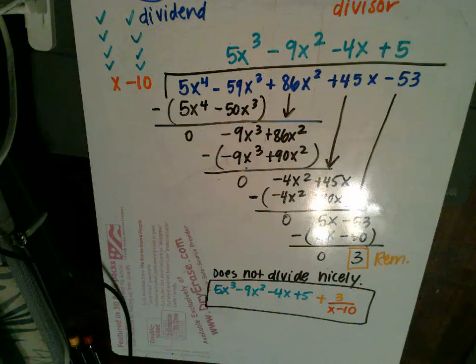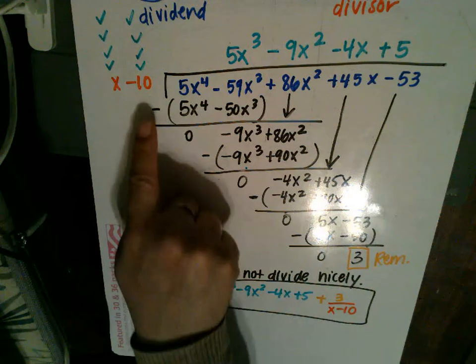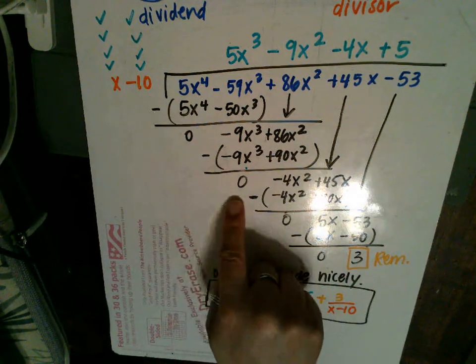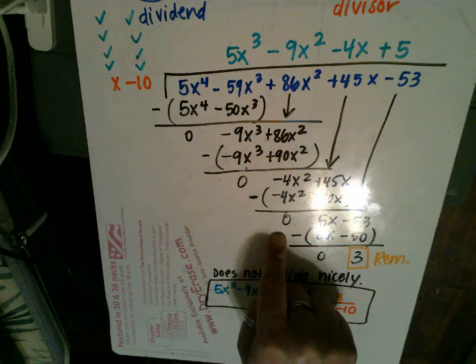Cool. So now let's talk about synthetic division, which is the faster way to do this same process. Someone developed it because this process is a little bit long, especially with subtracting these values, it can get a little tedious.